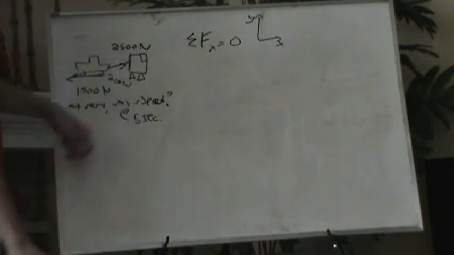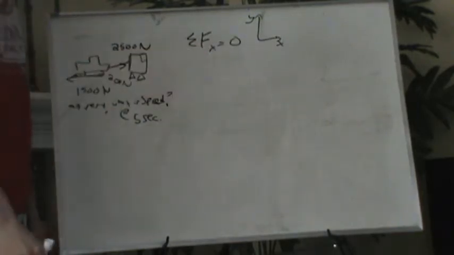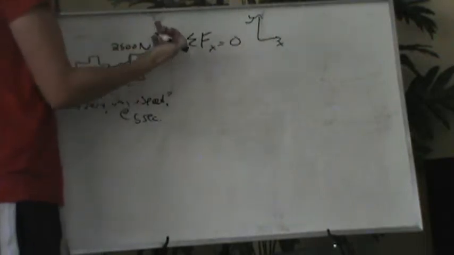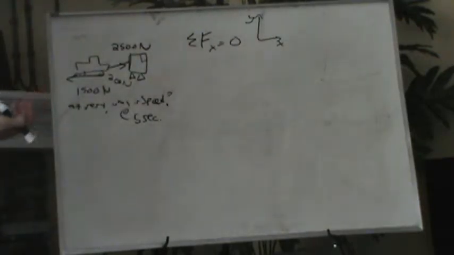We're looking at an x-y plane, so we have to find all the forces in x and make them equal 0. So what do we have in the x? Well, first we have a 200 newton force.